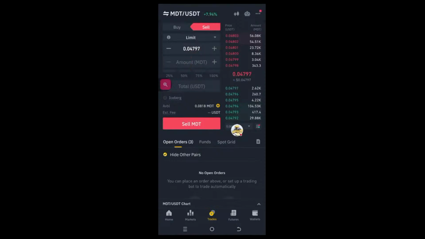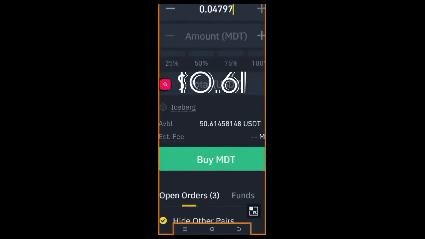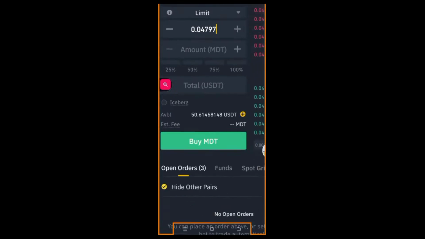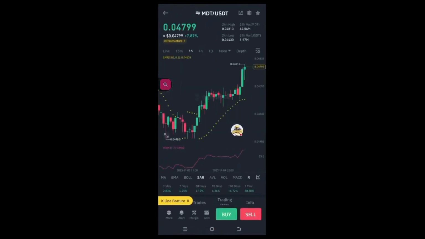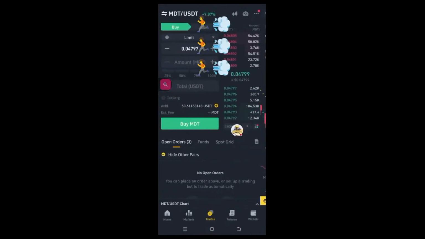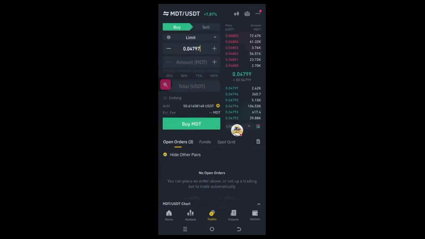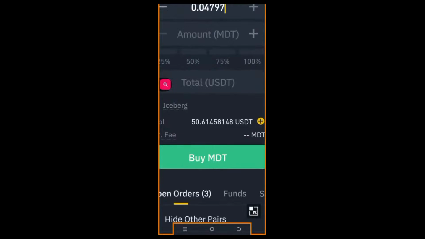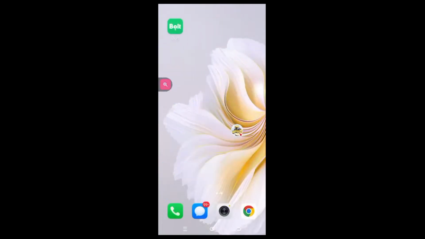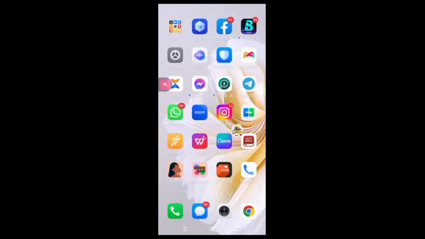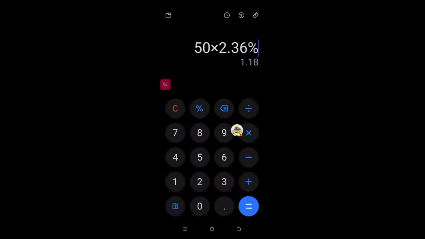So we're out of MDT. How much did we make? Oh, we made 61 cents. It's about over a percent. We're good. I'm sure it went up again, but that's fine. I always like to go back and check. You never know which one is actually working or gone out.